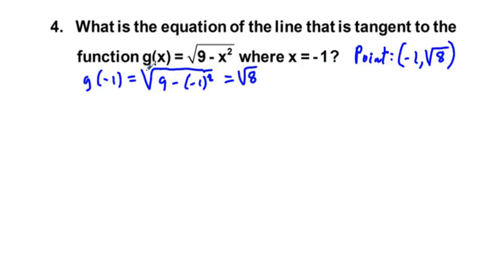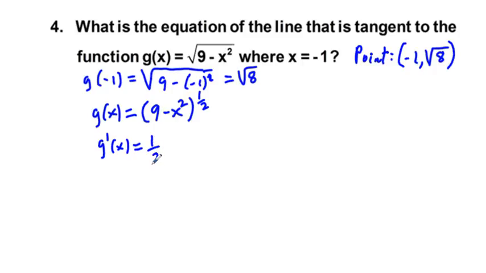Next, we're going to try to find the tangent line, so let's find g prime of x. But before we find g prime of x, we're going to rewrite g of x as 9 minus x squared to the 1/2 power. So g prime of x is going to be 1/2 times 9 minus x squared to the negative 1/2 power, since 1/2 minus 1 is negative 1/2, times the derivative of the inside.